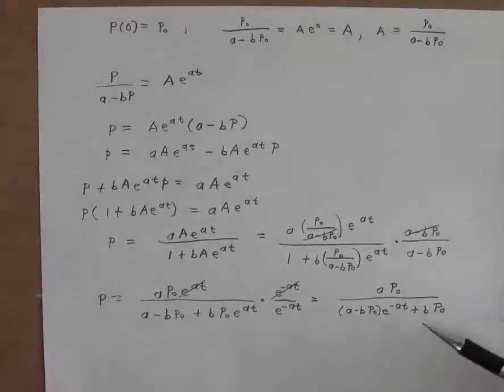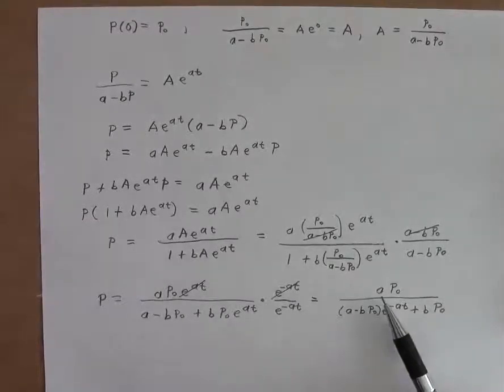It still has some constants in there. We have the growth constant a, and we have the constant b, but those just depend on the particular problem. So right now we'll just go ahead and leave those as constants.